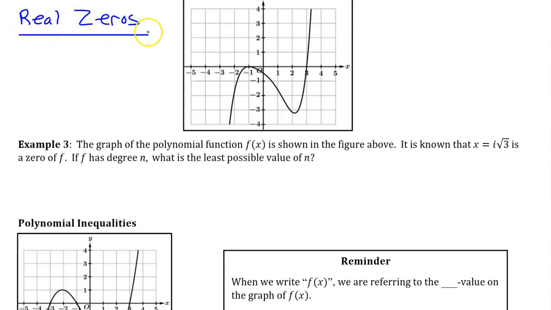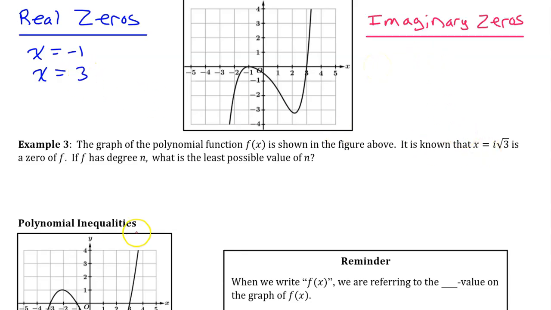So the real zeros are x equals negative 1 and x equals 3. Now let's talk imaginary zeros. It is known that x equals i radical 3 is a 0.